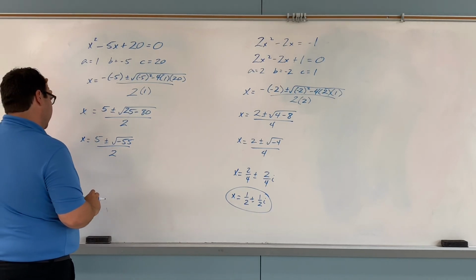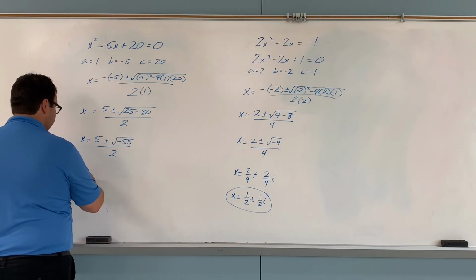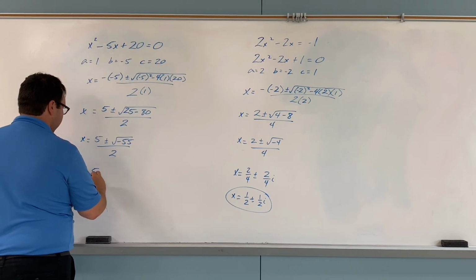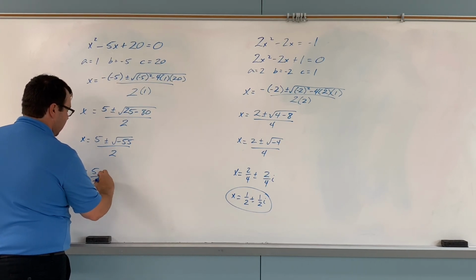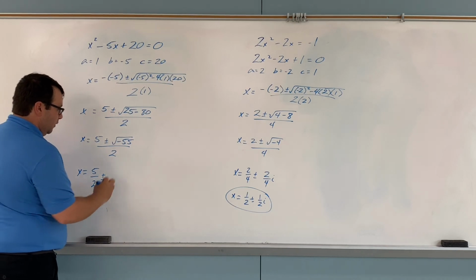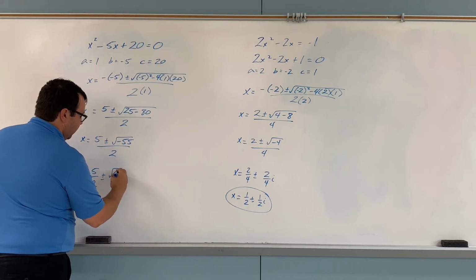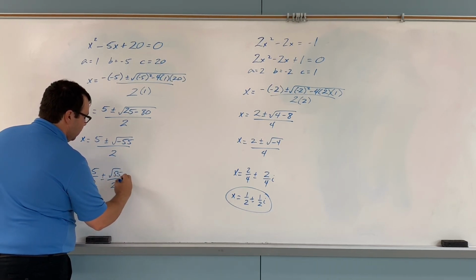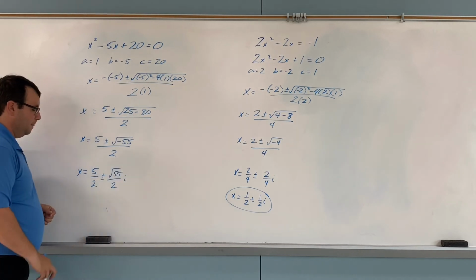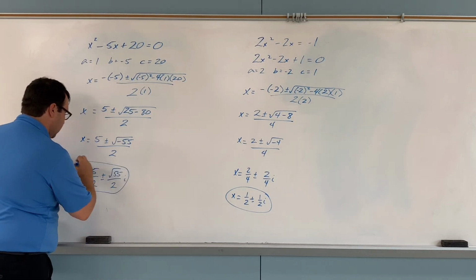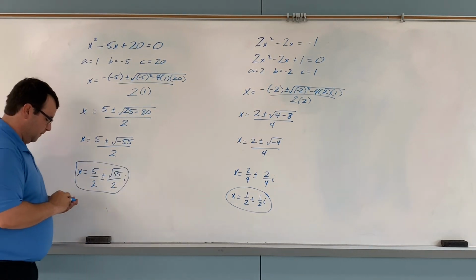So what I'm going to do at this point is pull out that imaginary value and just leave it alone. So I have 5/2 plus or minus, this is square root of 55 over 2i. And there you have it.